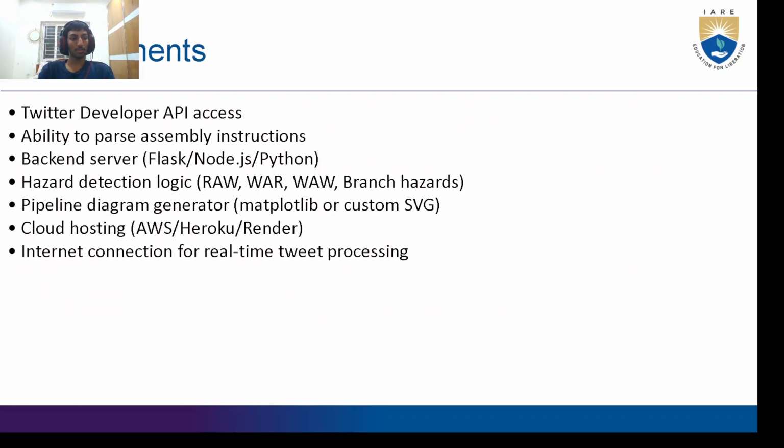So for the requirements for this project, the basic requirements include a system with Python and API access, Twitter developer API access, ability to parse assembly instructions, a pipeline simulator, backend servers like Flask, Node.js, and Python, hazard detection logic for RAW, WAR, WAW, and branch hazards, a pipeline diagram generator using Matplotlib or custom SVG, cloud hosting like AWS, Heroku, or Render, internet connection for real-time tweet processing, and tools for visualizing stages in real time.